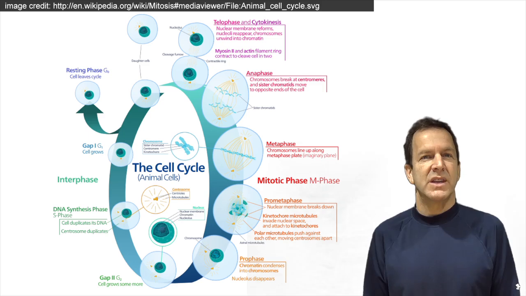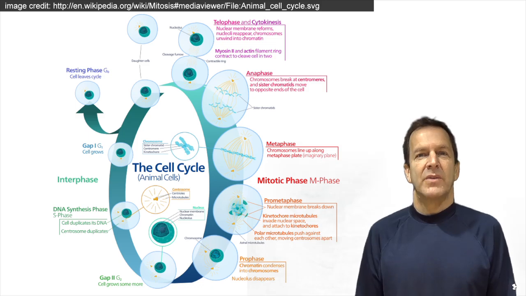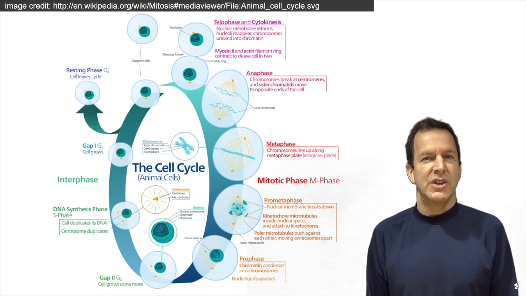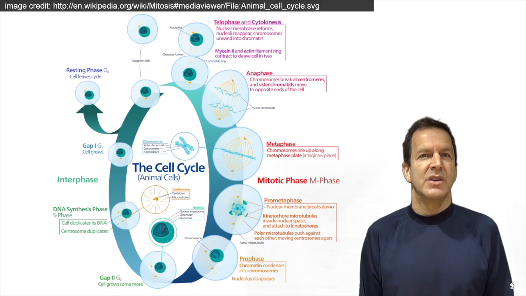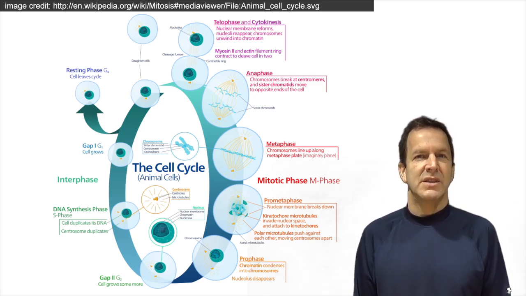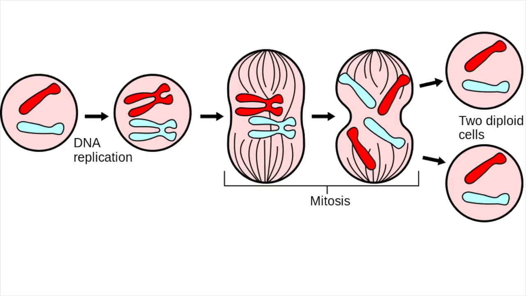So the way you go from a single-celled progenitor cell, a fertilized egg, to a whole organism is that the cell has to divide many times. And throughout your life, your cells are constantly dying and have to be replaced. In order to replace damaged tissue, cells have to divide to replace the cells that are damaged. That part of the process is called mitosis, where a cell separates into two daughter cells, producing two essentially identical cells.